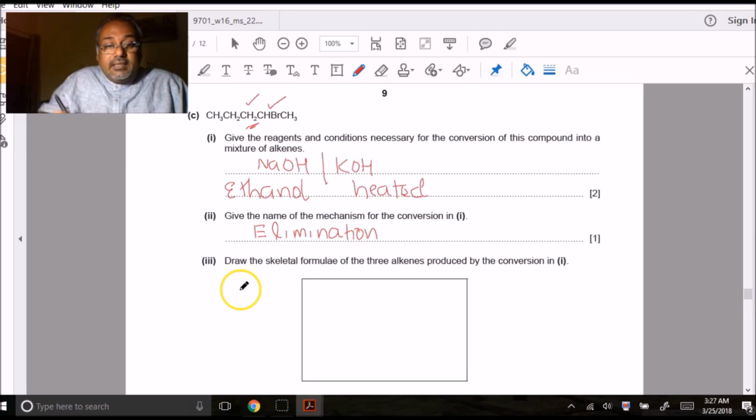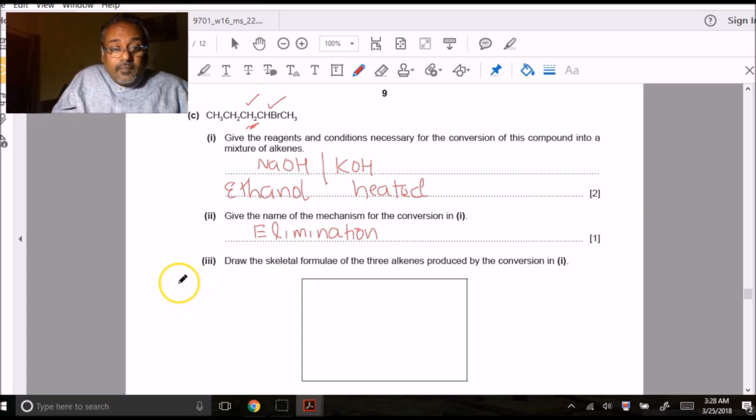Here the question is about how you could draw a skeletal formula of the three alkenes you think could be produced here. Now when you remove the H and the halogen, I should preferably get the double bond between carbon 2 and 3, and that's basically pent-2-ene. So that's a 5 carbon chain, and I should preferably get the double bond between these two.